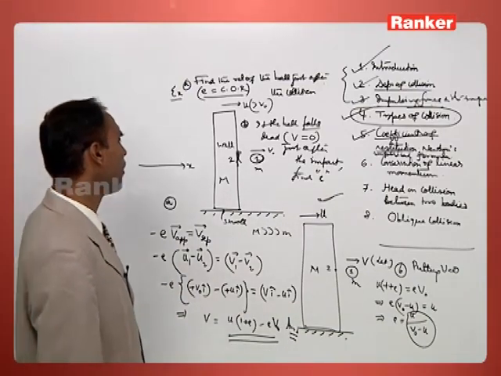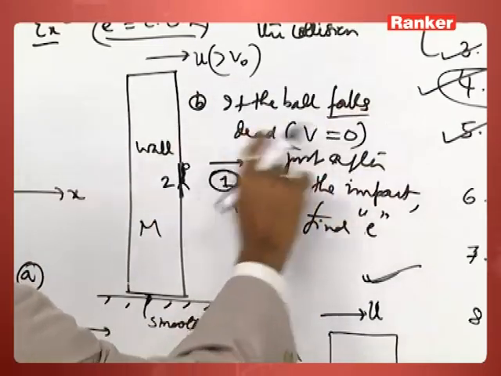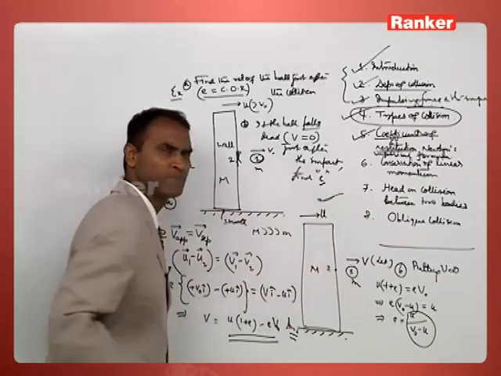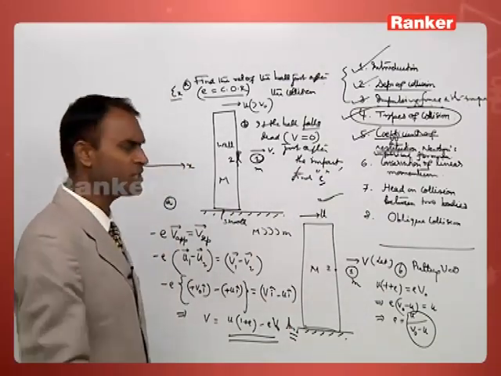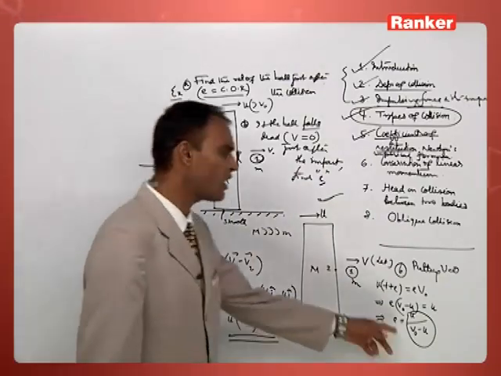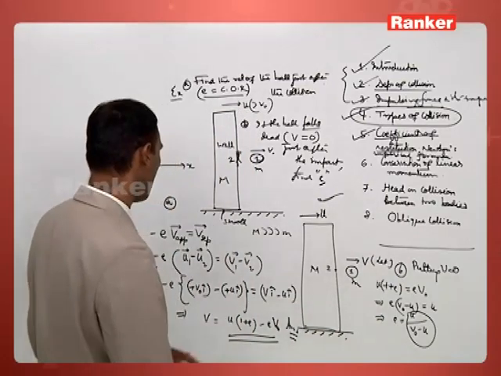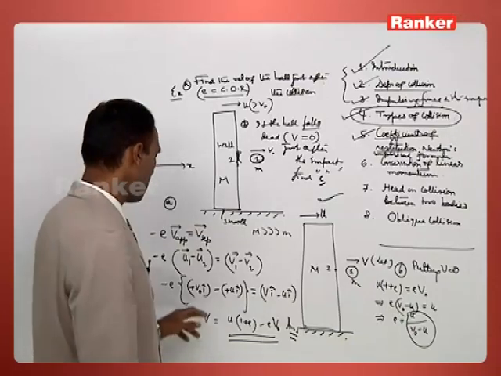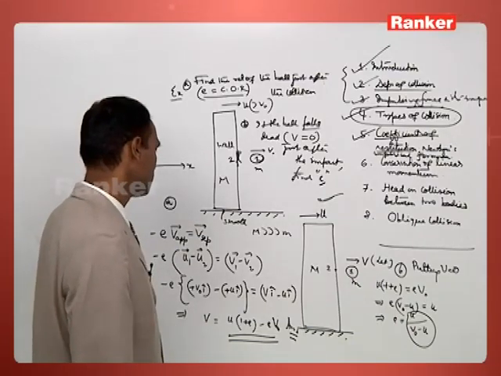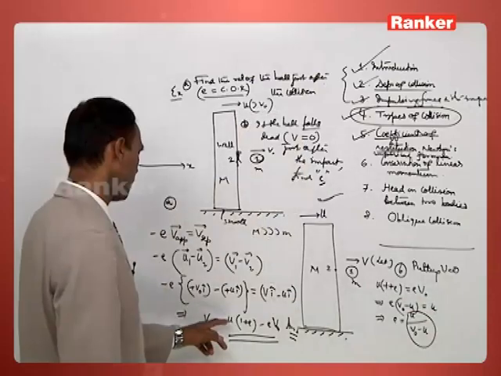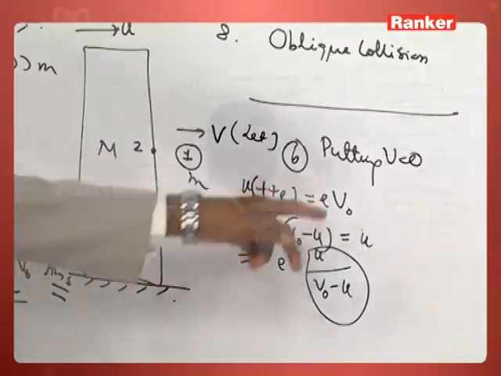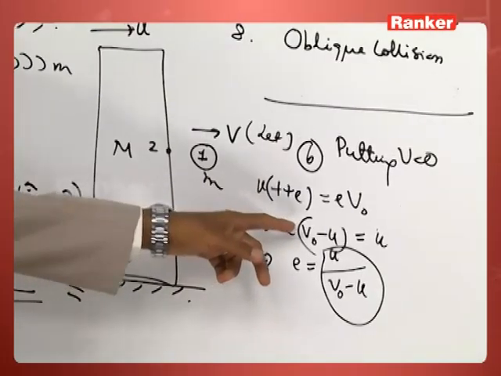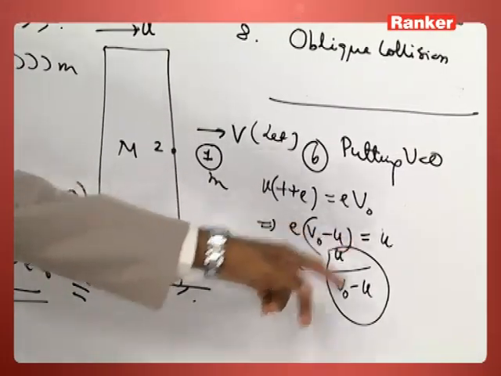The question I imposed: if the ball falls dead just after the impact, find e. You will be having 4 options. You can have this option also. The students who blindly believe in this mathematics, by putting v equal to 0, you are getting this term. u into 1 plus e is equal to e into v naught. So if you take e common, you are getting v naught minus u, that's equal to u.